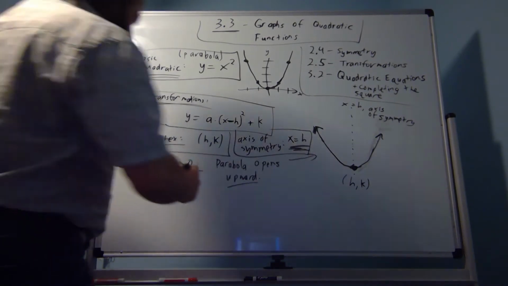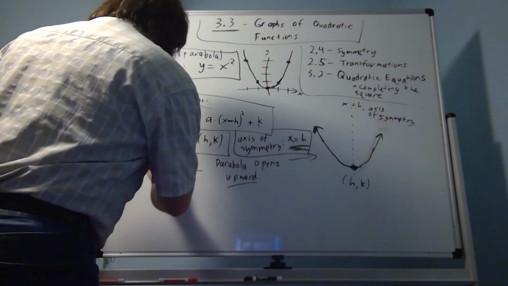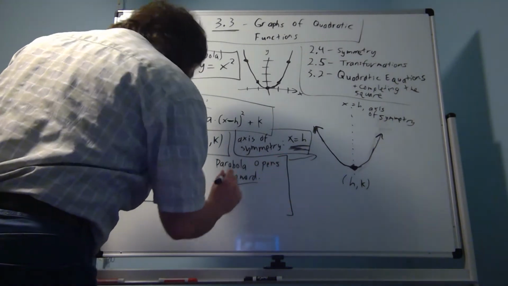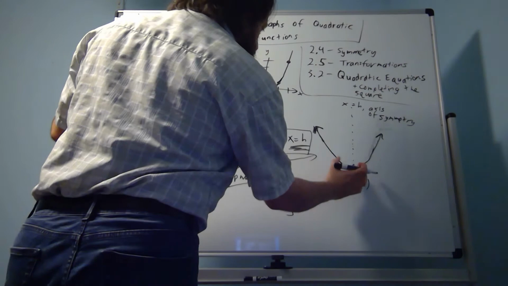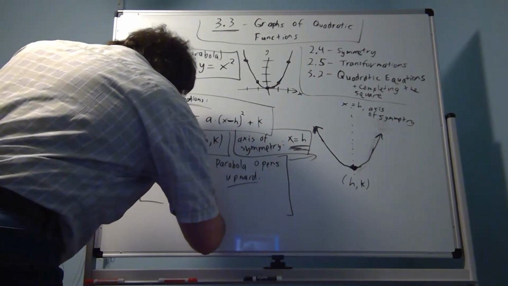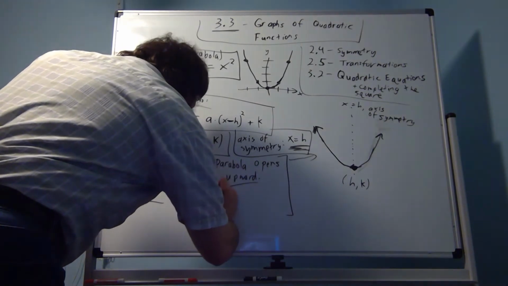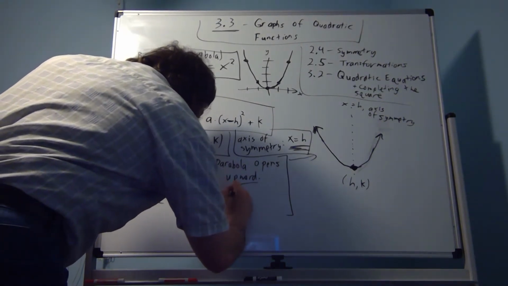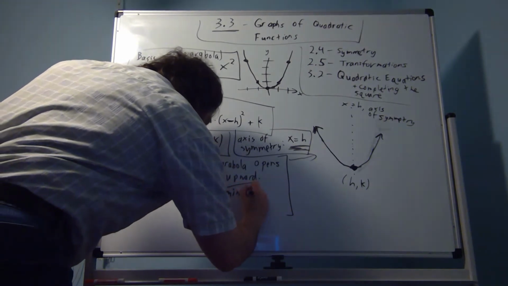What I want to say about the vertex is, if a is bigger than 0, then there are some things specific to that. One is that the parabola still opens upward, and the vertex is a minimum.